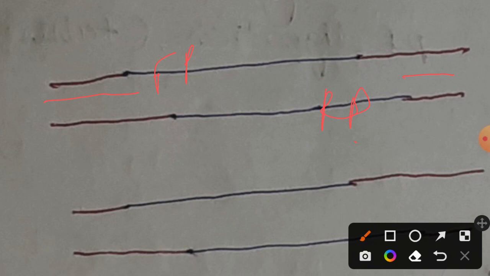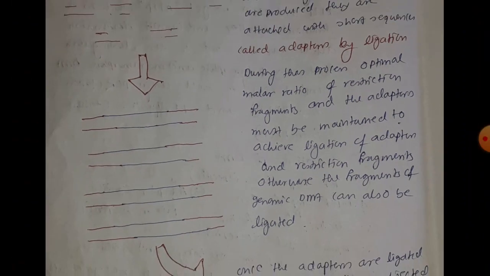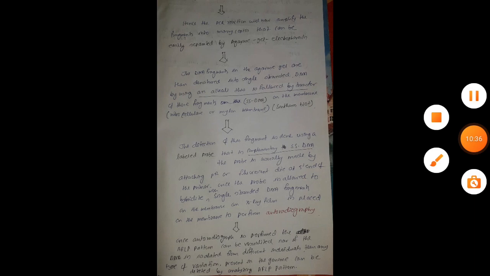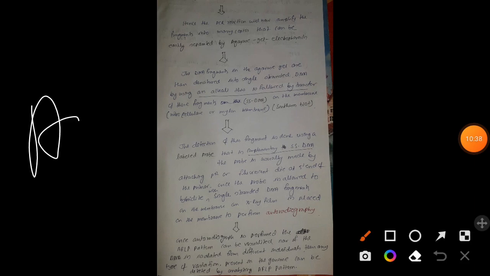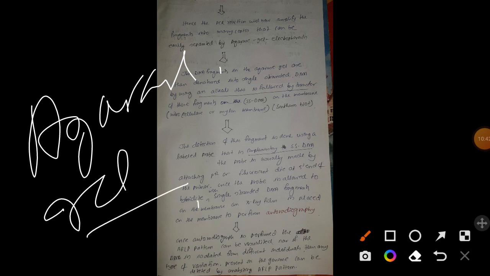Then we will perform the PCR technique and PCR will perform amplification, and that's how we will get amplified fragments. After getting the amplified fragments, the next step is to run them in agarose gel electrophoresis, so we will get DNA fragments.